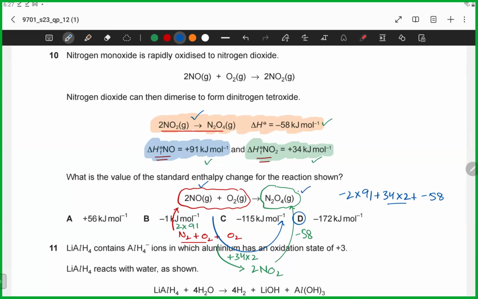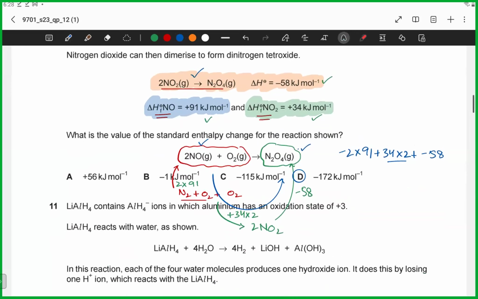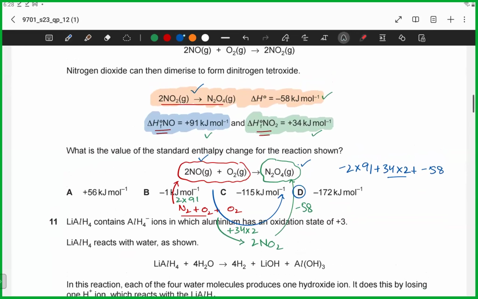But the trouble was they didn't really give us the enthalpy of formation of the product, which is why you had to construct the Hess cycle first. Safa, Marwa, is this clear? Yeah, it's clear.